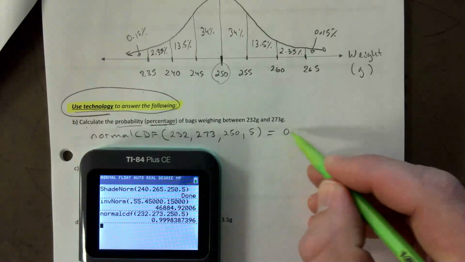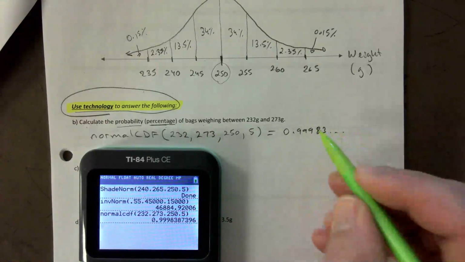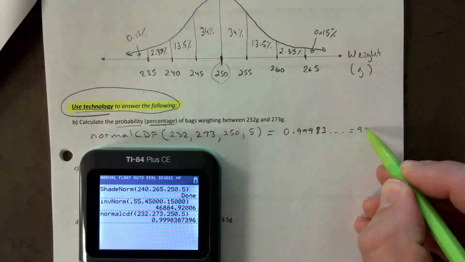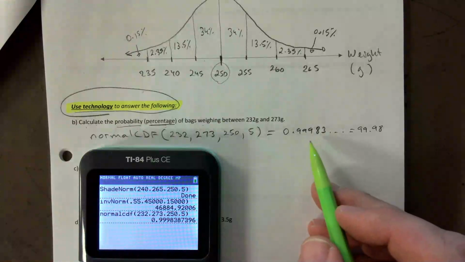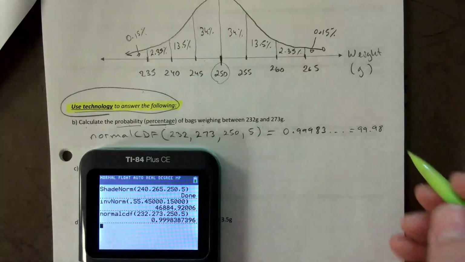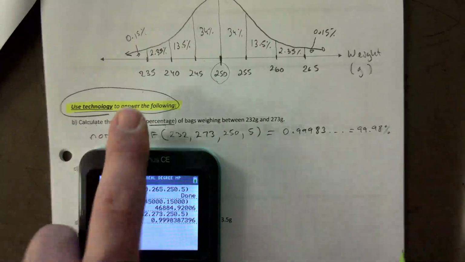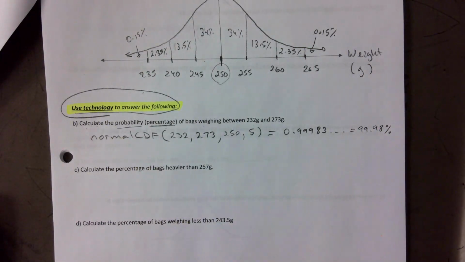Yeah, so that's 0.99983, so all of that. And most of the time, if you're going to use this to figure out the actual number of bags, use all of this, okay? Don't round. And don't forget your percentage. If you do multiply that by 100, you have to have a percent sign, okay?